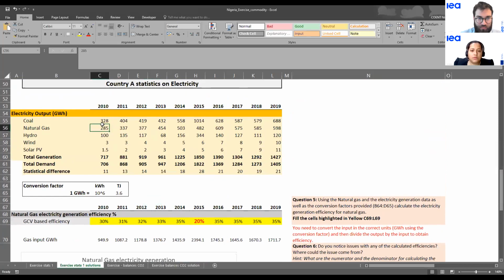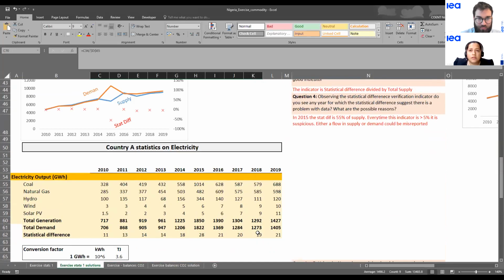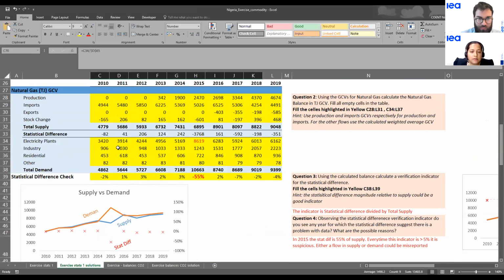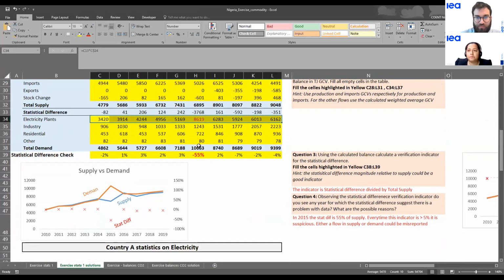It's 482. But if we look at the input of natural gas, so if we go to row 34, we see that it's 4,619, which is very high. So 2015 is very high. This gives you a hint that most probably it's this natural gas input to electricity plants that's wrong.